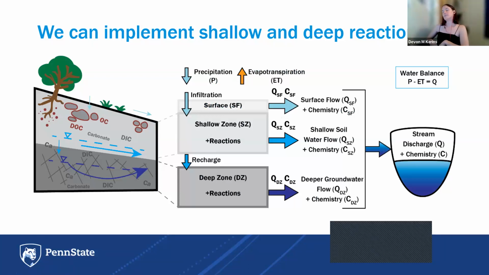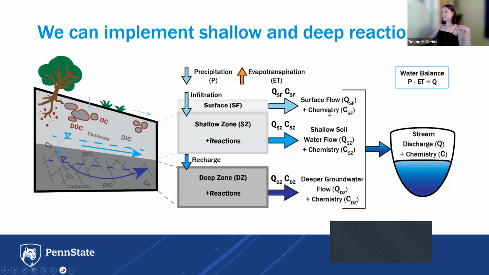So in terms of BioRT-HBV, it really couples together two models, a simple conceptual hydrologic model, HBV, and a reactive transport model that was developed in our group, BioRT. So HBV takes inputs of meteorological data and can output three distinct flow paths that contribute to stream discharge.